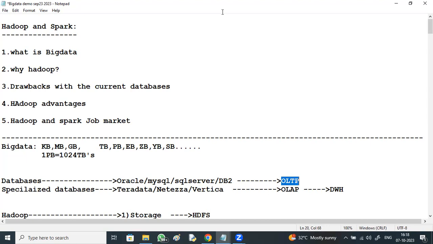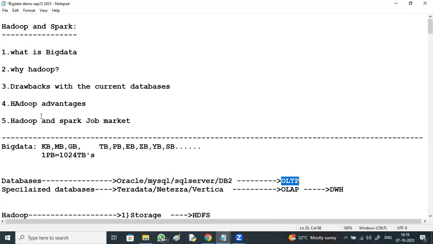Today, we see how this data is getting generated. In every application, huge data is being generated today. Most of the projects are migrating to the Hadoop and Spark environment because huge data is getting generated by every application. Talk about Facebook, what is the data generated by Facebook, right?